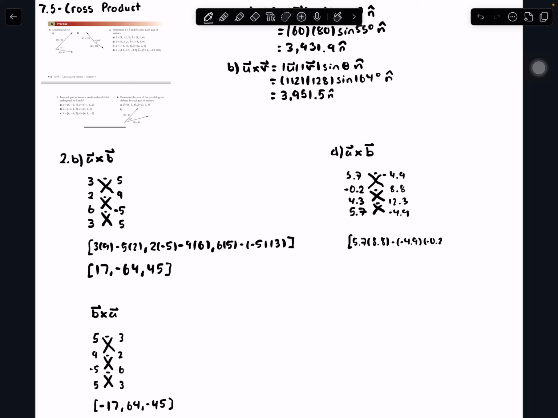Negative 0.2. Next component will be negative 0.2 times 12.3 minus 8.8 times 4.3.